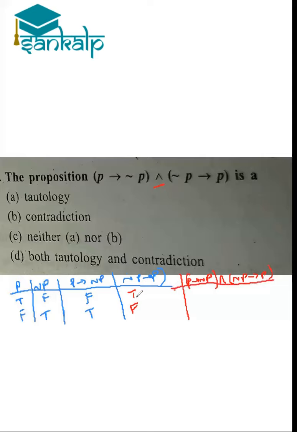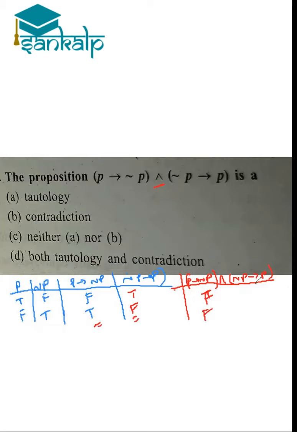We get, see, F and T, and T and F. Using the AND operator, F and T, the value will be false, and again T and F, again it will be false, because it is true only when both are true.